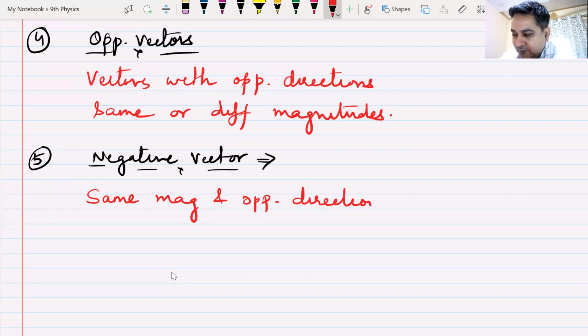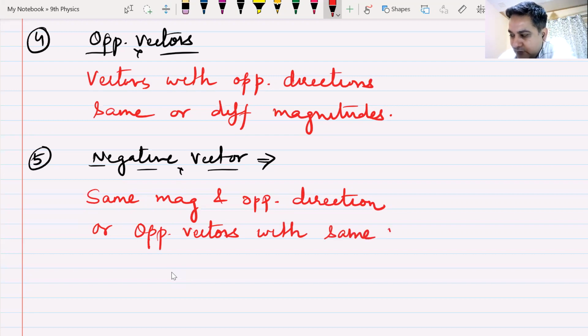Do we understand this? Yes. Or you can say opposite vectors with the same magnitudes.